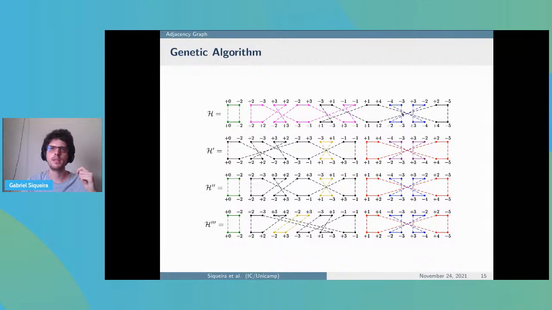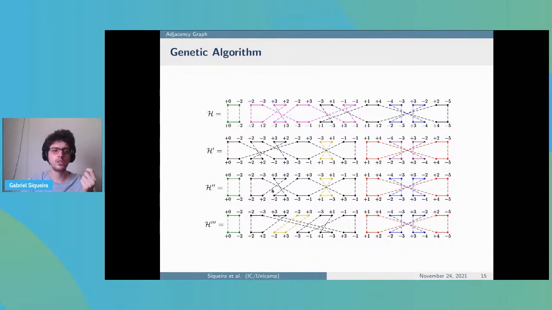So in this example, I'm picking this blue and this green cycle from H, and this yellow and this red cycle from H prime. If you ever try to pick all the cycles and there is still a vertex not yet covered, we're going to use the BFS packing procedure to fill the rest of the cycles. In this example, this black cycle comes from the BFS packing procedure.